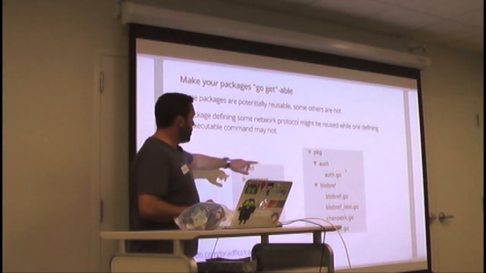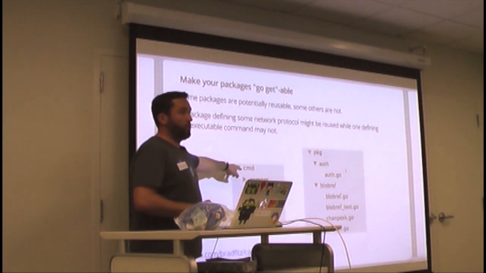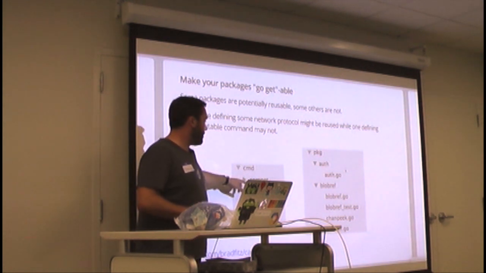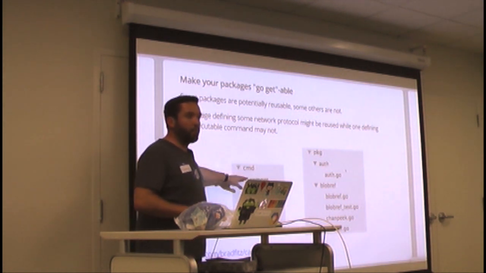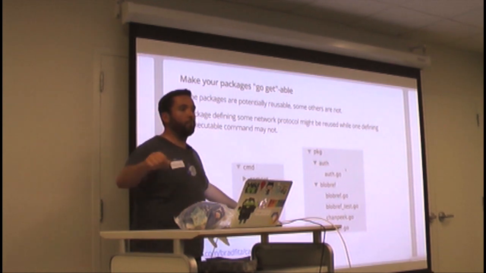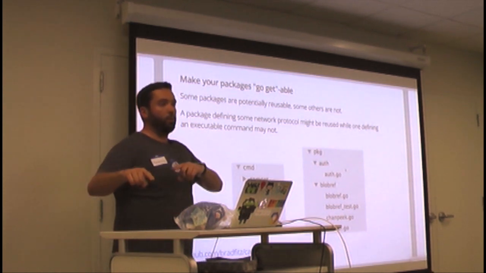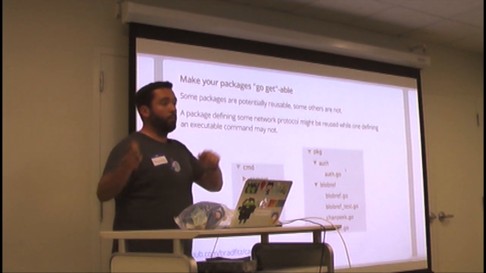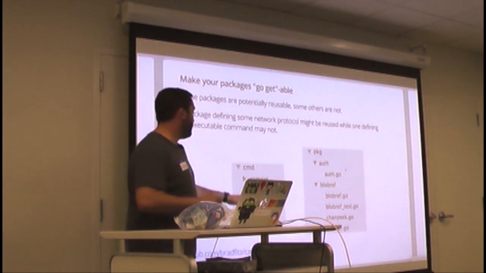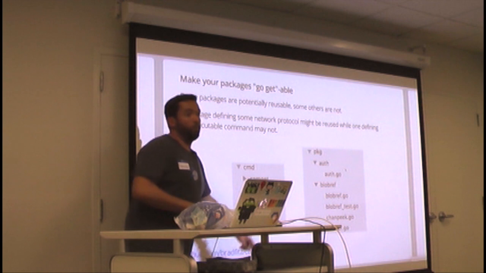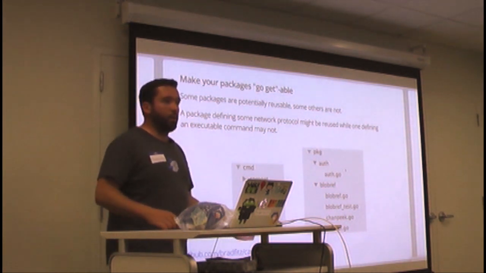You have two different directories. One is cmd that contains different commands, so camget, cammount. And inside of each one of these, there's a main.go. When you build that code, the main.go file will be compiled to a binary named camget, cammount, or camput, or whatever. So this is actually very easy.